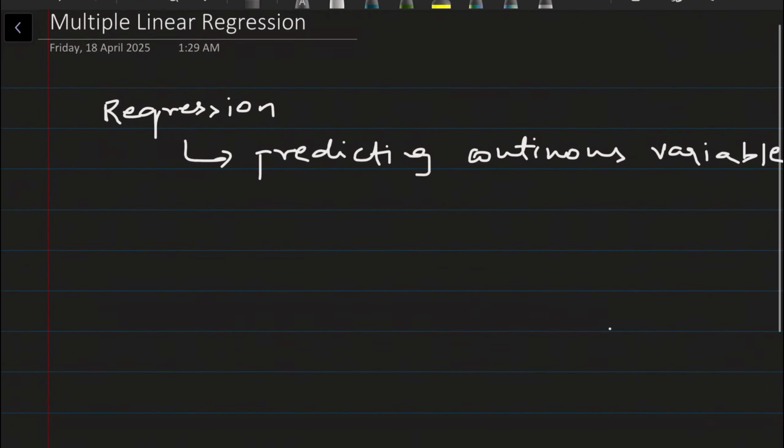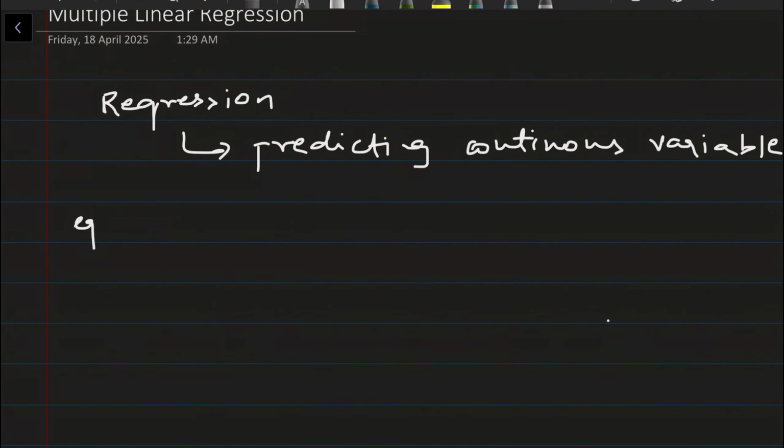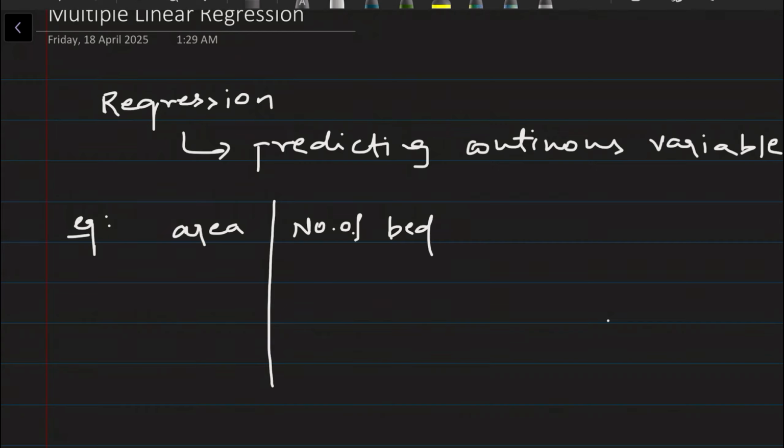So let us take one example. The example we have discussed: let us suppose we are calculating the price of a house. The price will depend on the parameters: our area, the number of bedrooms, the number of rooms, and many more.